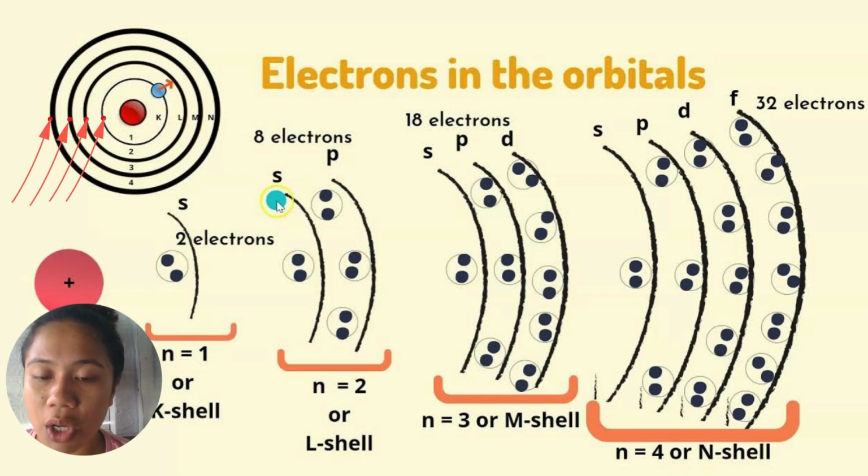Two electrons. So overall, the K shell carries only two electrons, as the S subshell also carries two electrons.